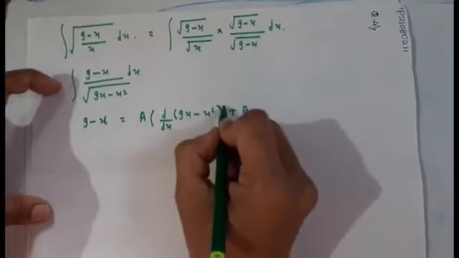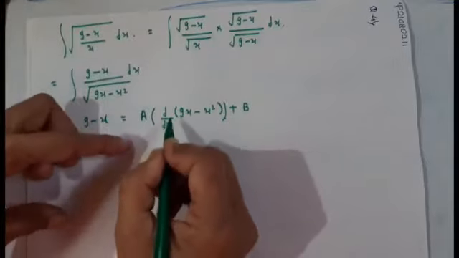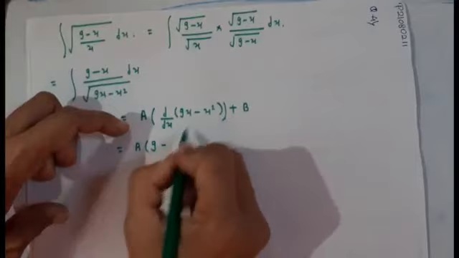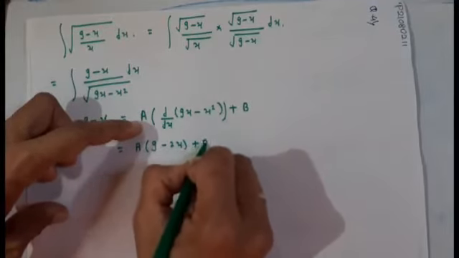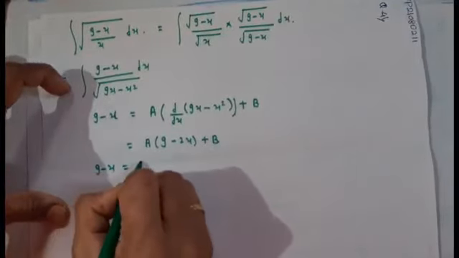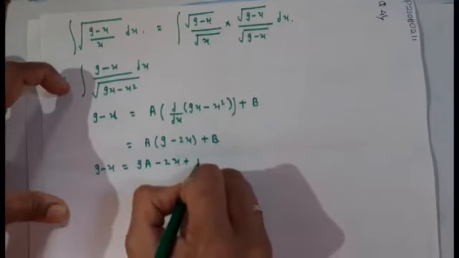Now this is equal to a into derivative of 9x which is 9, minus derivative of x square which is 2x, plus b, and 9 minus x equals a into 9 minus 2x plus b.